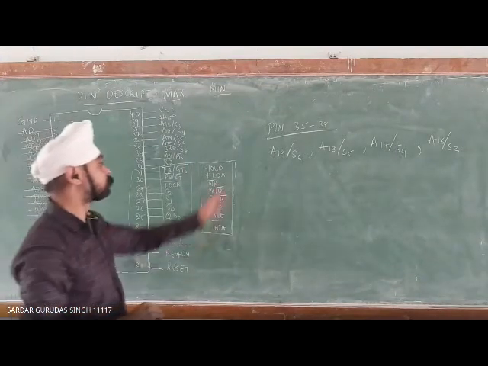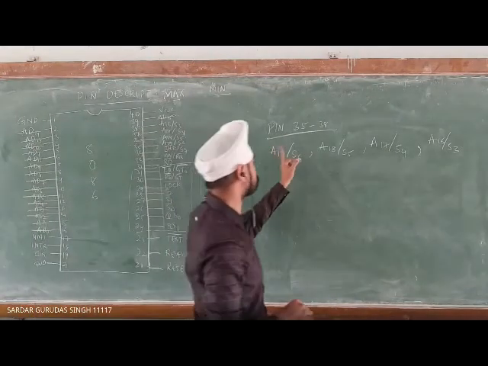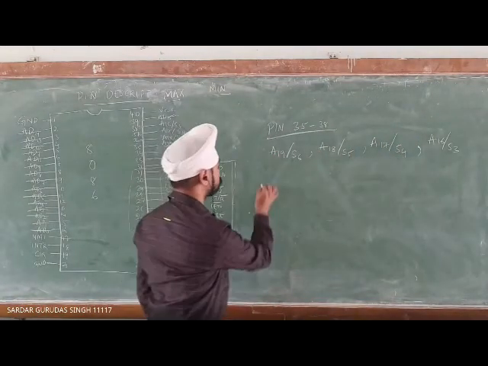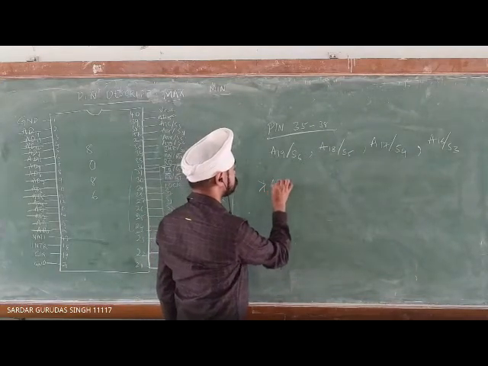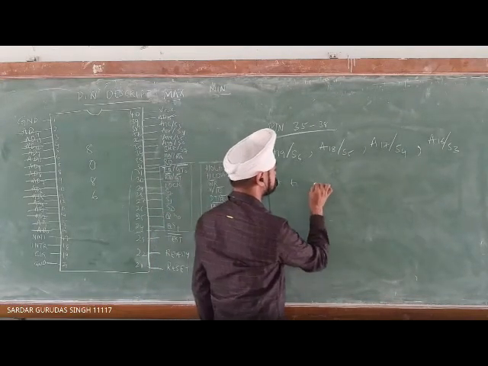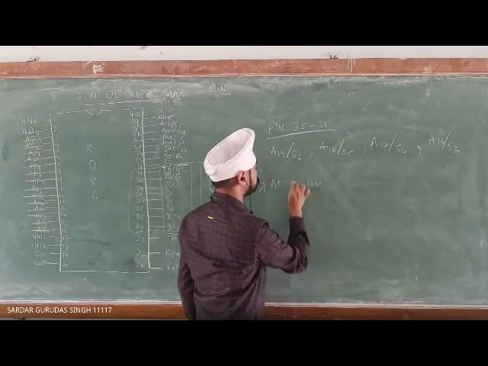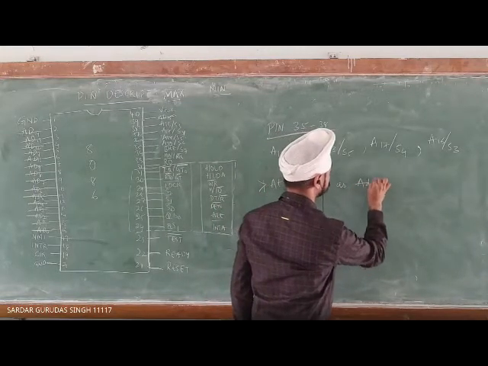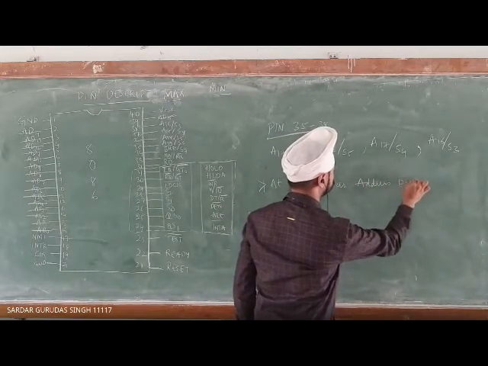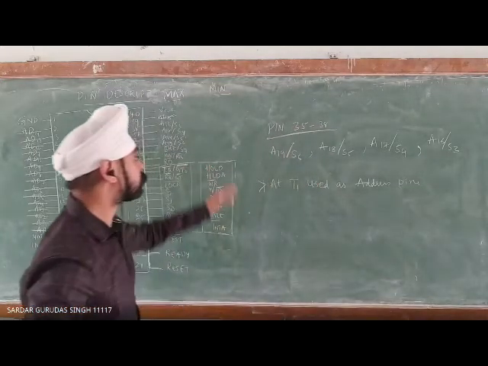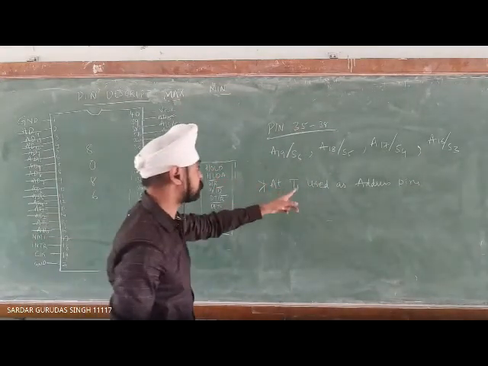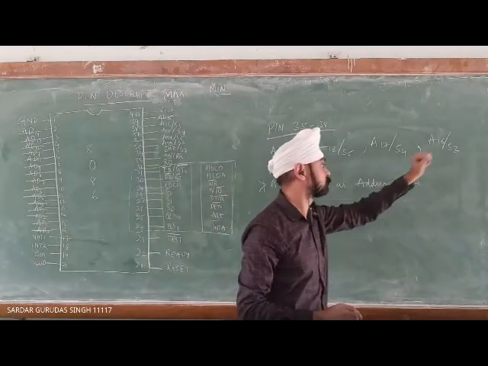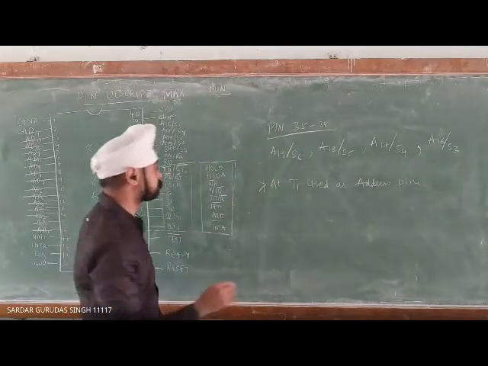Again, during the T1 state, these pins are used as address pins, and during the remaining time cycles, they will provide the status. What type of status? Let us understand.